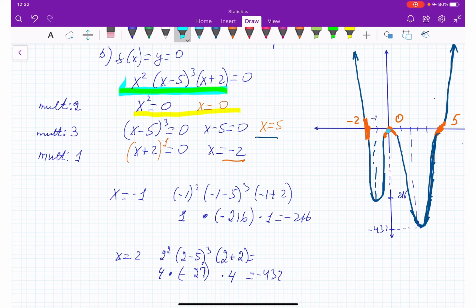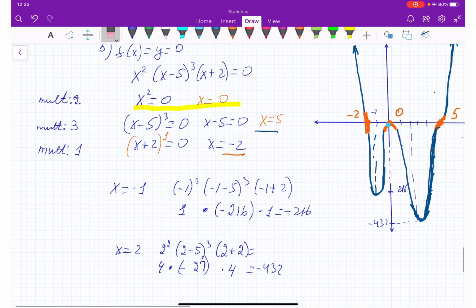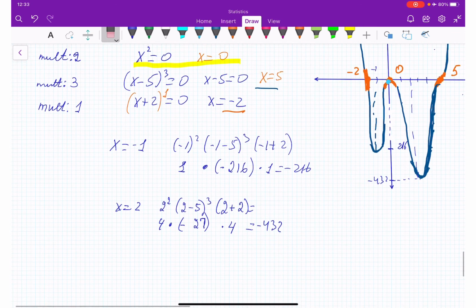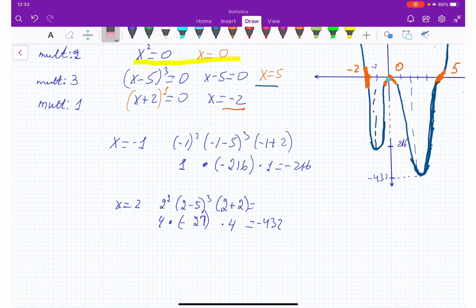So if we plug x equal to 0, it's enough to place this one 0. So the rest it will wipe down to 0, correct? All right. Therefore, we know the y-intercept equals 0 only at the point of 0.